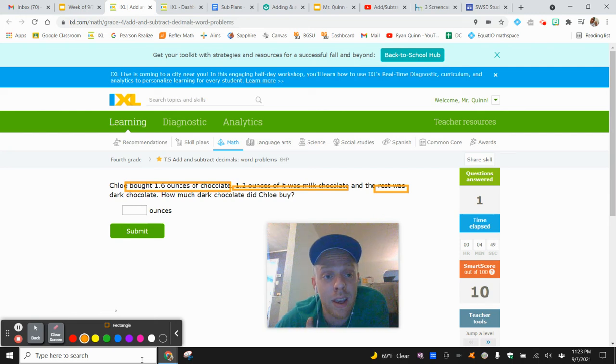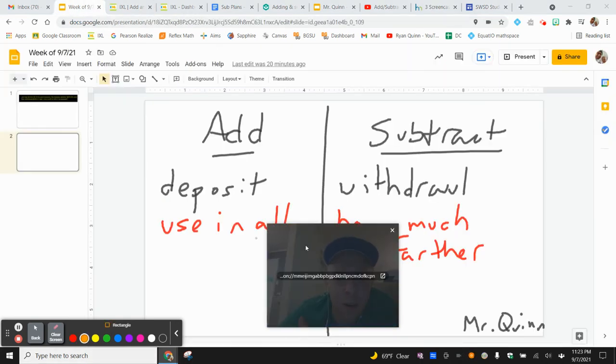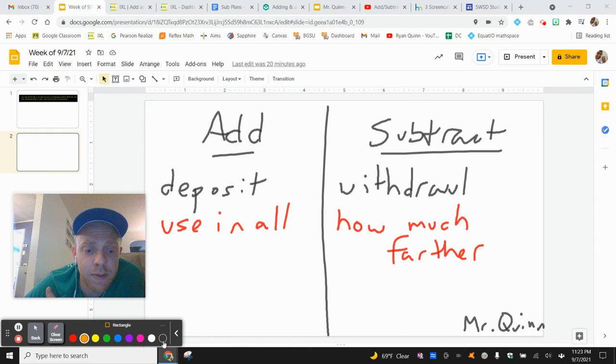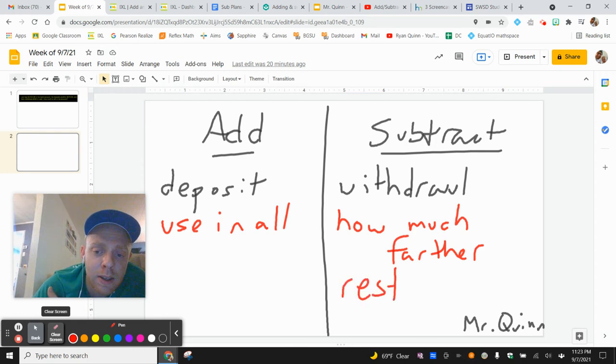Anytime you're talking about something that is left over, the remaining, the rest of something, you're going to do some subtraction. So let's come back to our graphic organizer here and let's fill that in. We are going to say that if we have the rest, maybe even what's remaining, that's going to be subtraction.